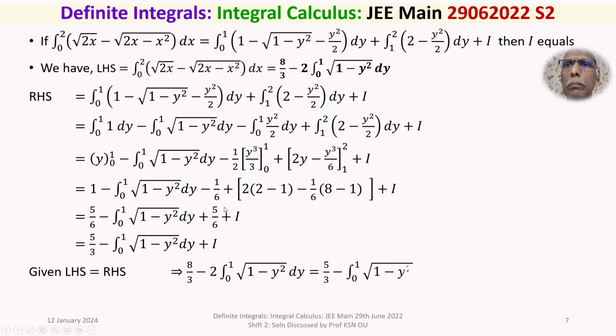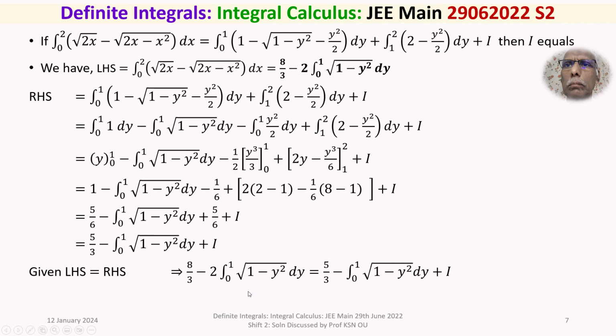So left hand side is 8 by 3 minus 2 times integral 0 to 1 under the square root of 1 minus y square dy is equal to right hand side, 5 by 3 minus integral 0 to 1 under the square root of 1 minus y square dy plus I. Now keep the I here, 8 by 3 minus 5 by 3, that is 8 minus 5, 3 by 3, that is 1. 1 minus 2 integral 0 to 1, and here this one when it comes to the left hand side it is plus integral 0 to 1.